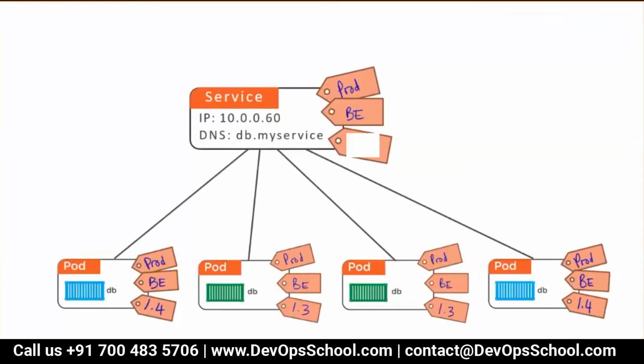So see here, here you have the label of the pod: prod b 1.4, prod b 1.4, prod b 1.3, 1.3, 1.4. Here the match is happening. The labels of the pod, which is prod b, match with the labels of the service, which is prod b.